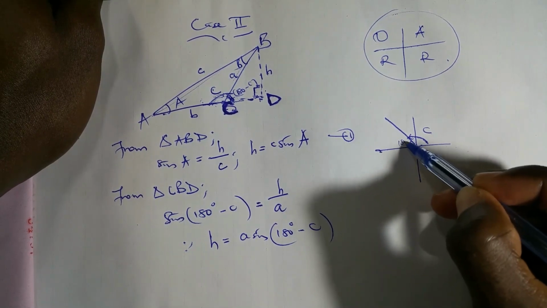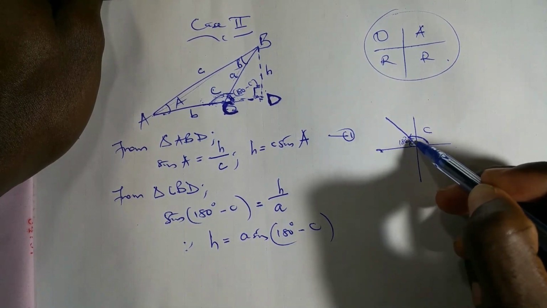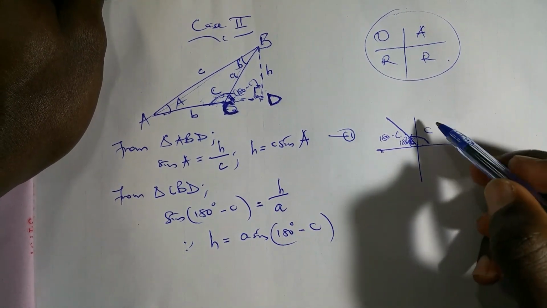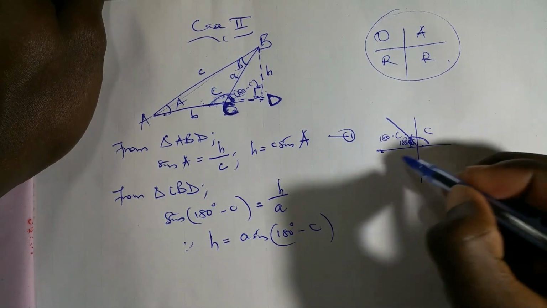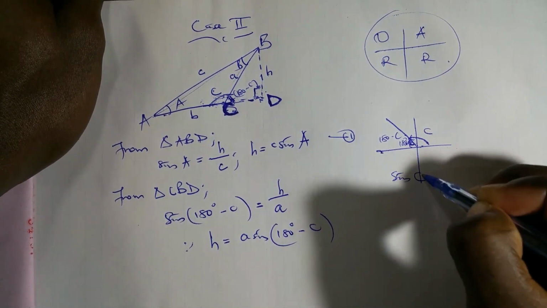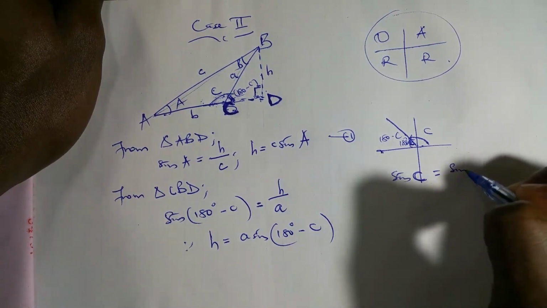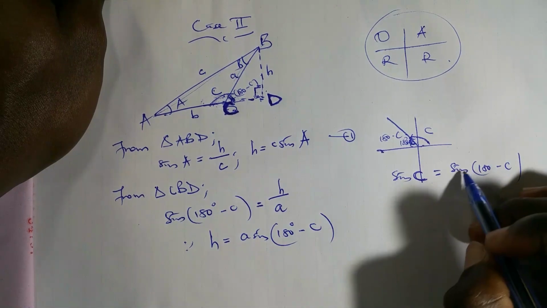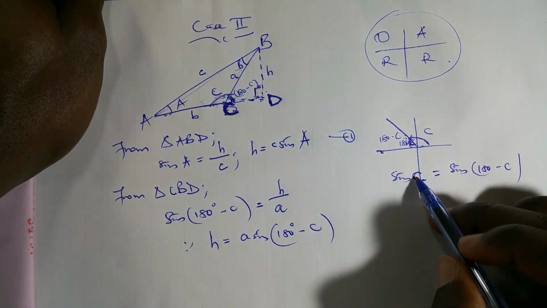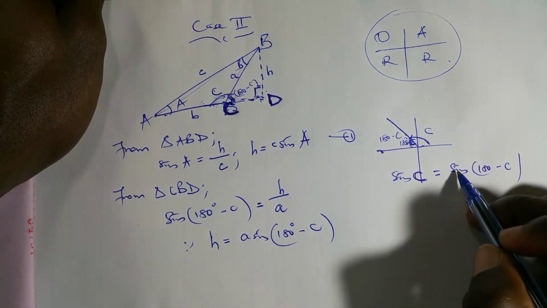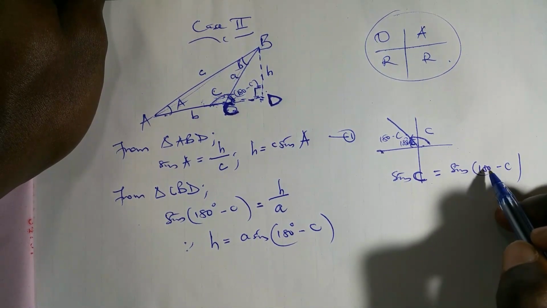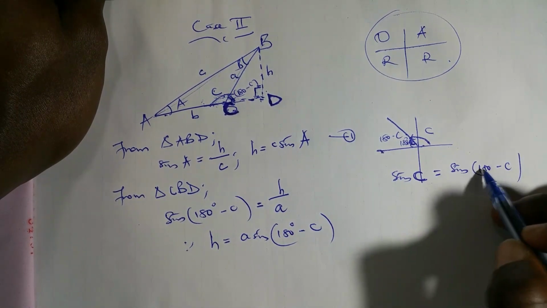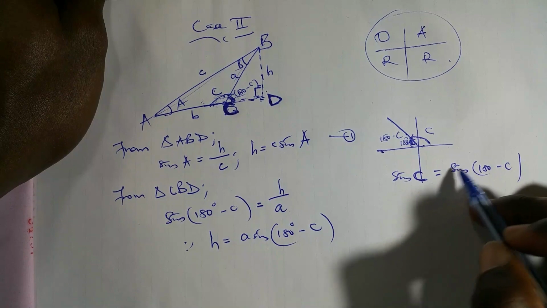Then this is our 180 degrees, minus C. Remember our relationship when you look at trig ratios of an obtuse angle: from our note, the trig ratio of an obtuse angle is given by the same trig ratio of the supplementary angle. Supplementary angles add up to 180, so the supplement of C is going to be 180 minus C, but with appropriate sign.